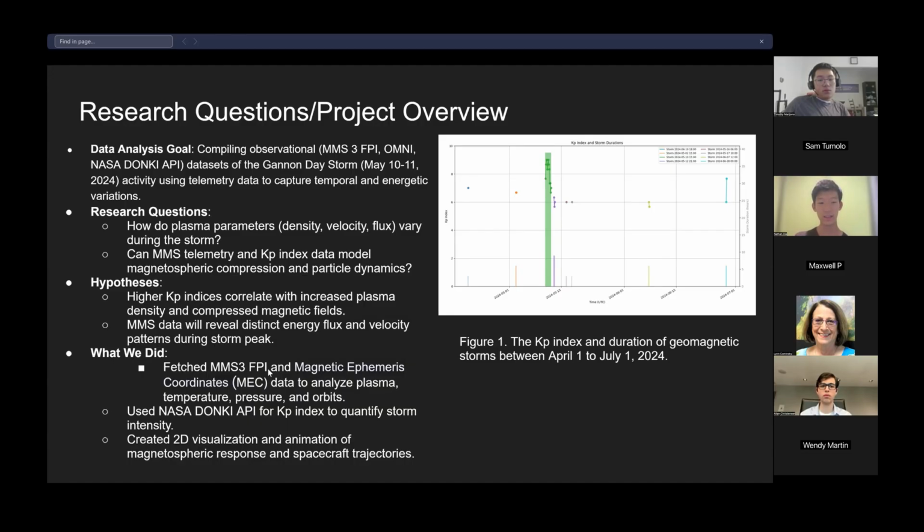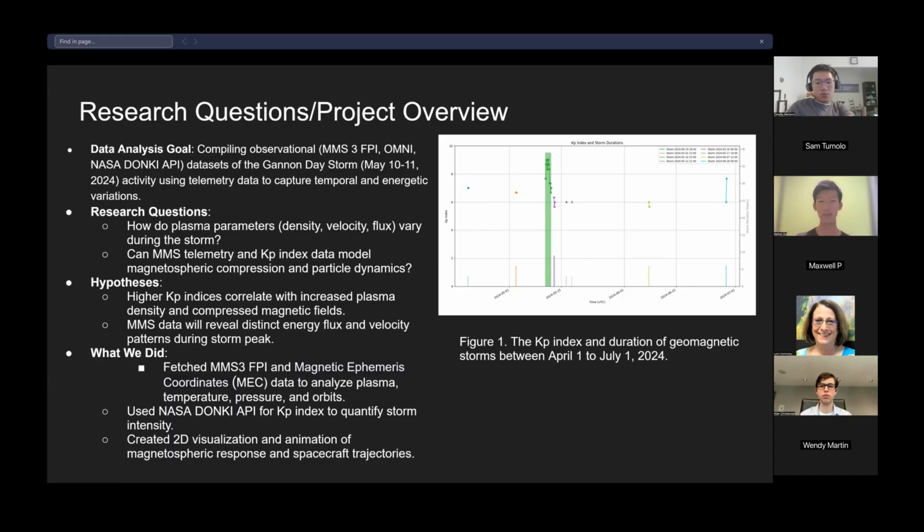What I did is get the MMS-3 FPI and magnetic ephemeris coordinates, or MEC for short, which are like the telemetry of space, to analyze plasma, temperature, and pressure at orbit. I also used NASA's Donki API for the Kp index to find the storm's intensity.